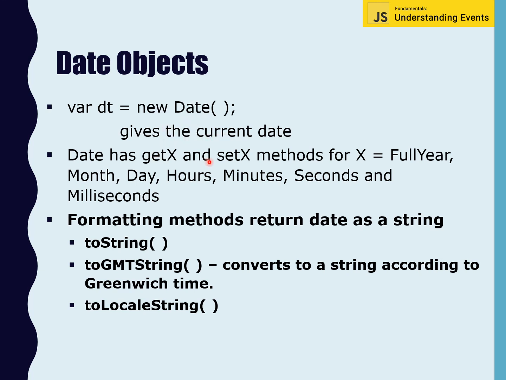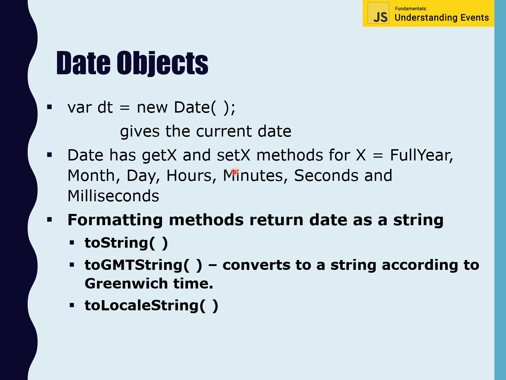Date has get and set methods for x equal to full year, month, day, hours, minutes, seconds and milliseconds. So we can use get and set functions for retrieving as well as setting the x values. X values may be a year value, a month value, a day value, hour, minutes, likewise.